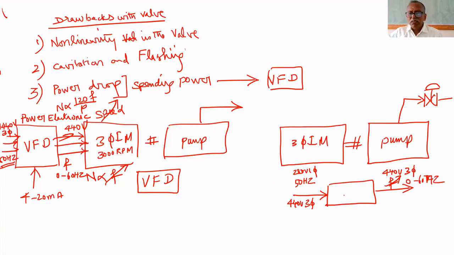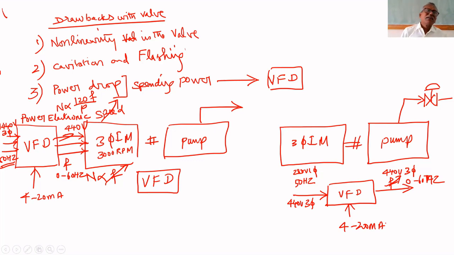The frequency depends upon the input signal, that is 4 to 20 milliamps. For 4 milliamps, frequency is 0. For 20 milliamps, frequency is 60 hertz. That's why we can adjust the induction motor speed just by varying the signal 4 to 20 milliamps.